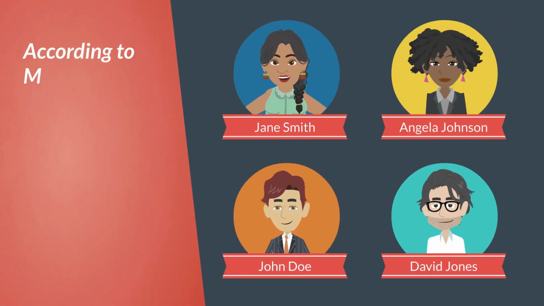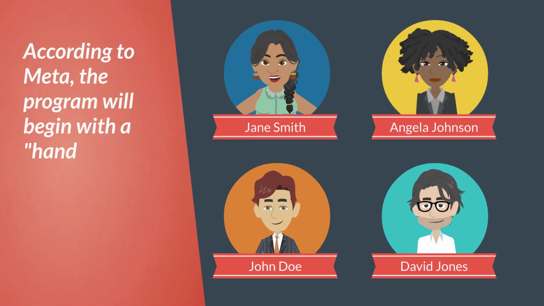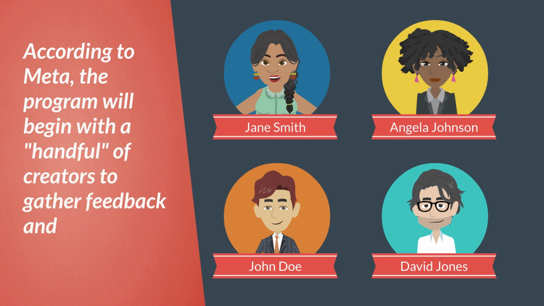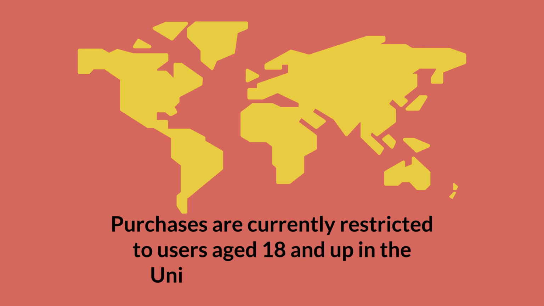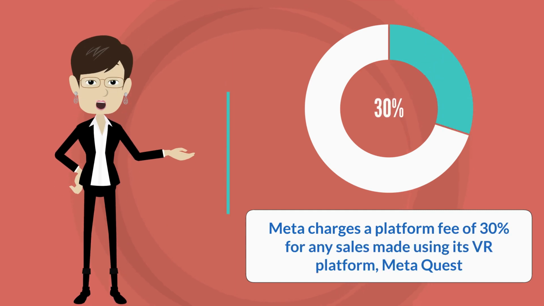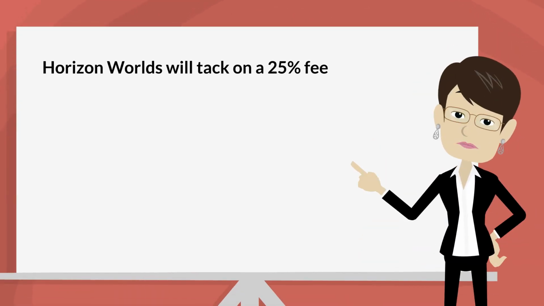According to Meta, the program will begin with a handful of creators to gather feedback and improve the offering. Purchases are currently restricted to users aged 18 and up in the United States and Canada. Additionally, Meta charges a platform fee of 30% for any sales made using its VR platform, Meta Quest. For additional goods and experiences, Horizon Worlds will tack on a 25% fee.